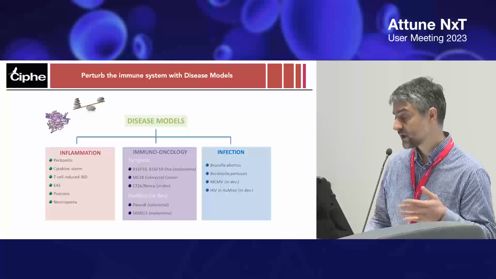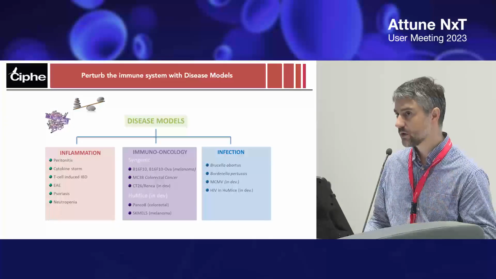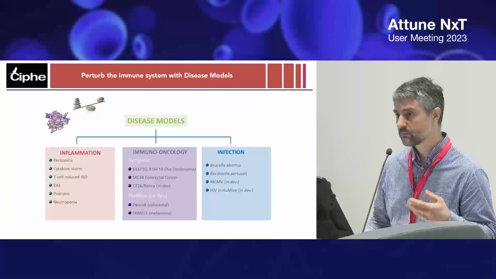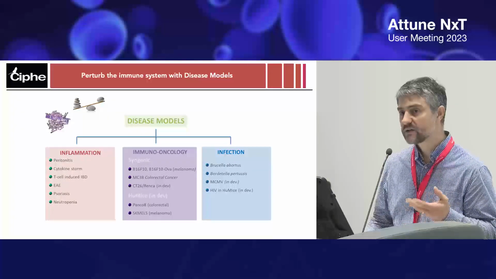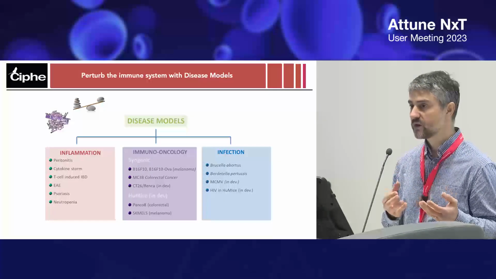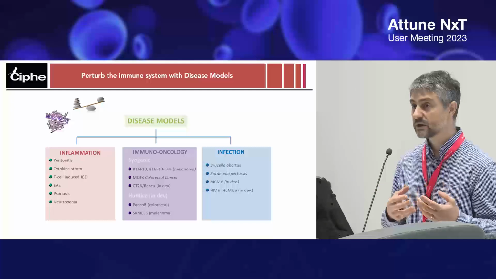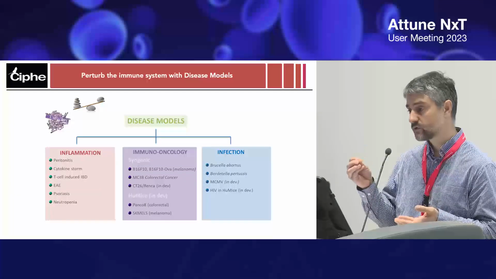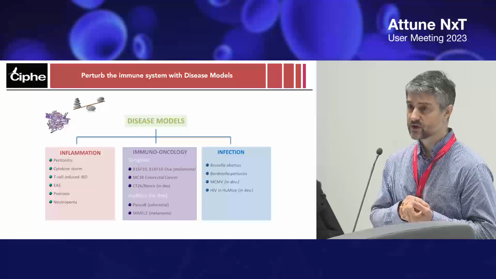And so we can do inflammation, but currently we do more and more immuno-oncology pipeline, and with more translational things like patient-derived xenograft. And this is actually a real challenge because each tumor is something different, a new image. These models, it's a patient tumor that you implant into an immunodeficient animal.